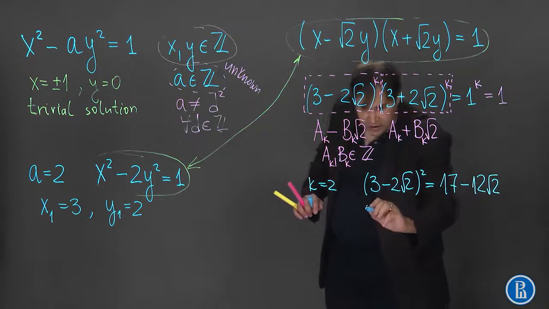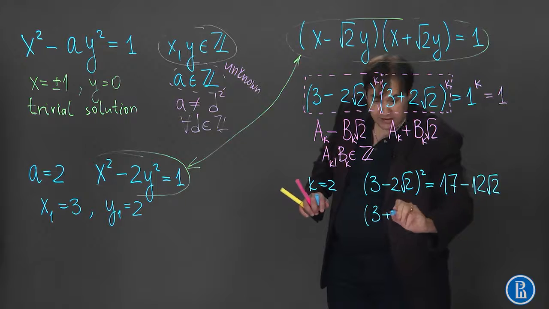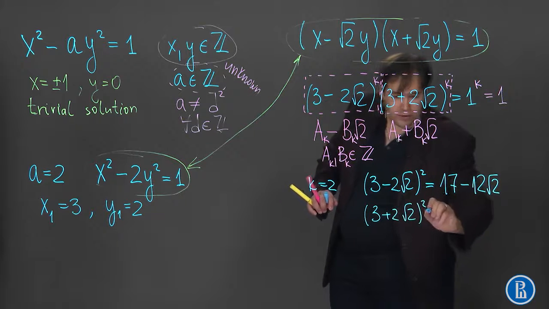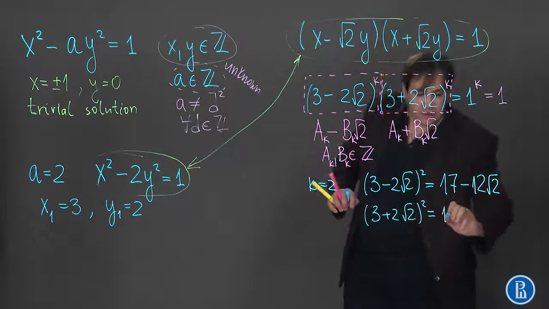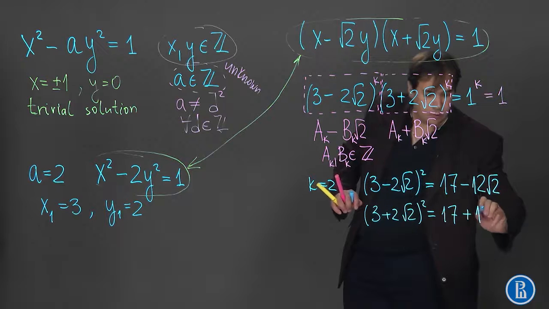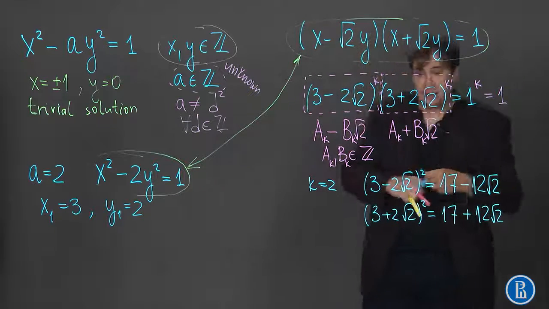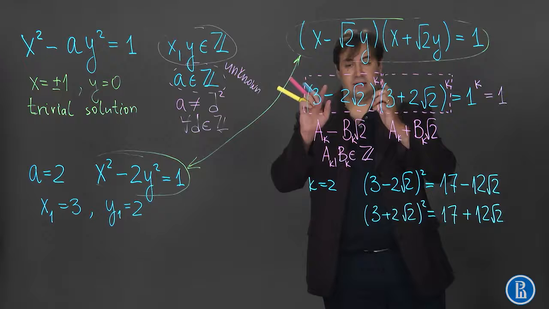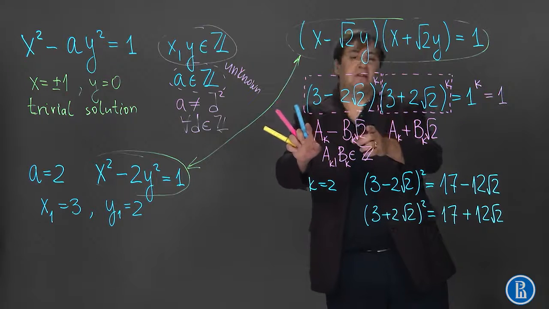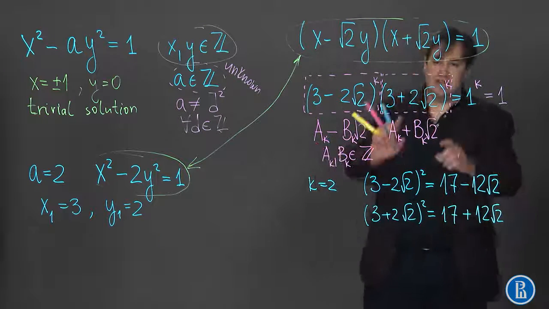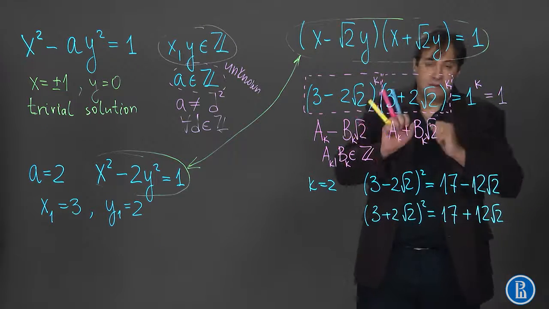And of course we understand that 3 plus 2 square roots of 2 to the power of 2 is equal to 17 plus 12 square roots of 2. And this is exactly what I meant when I said that integers in the expansion of the first factor are the same as the integers in the expansion of the second factor.